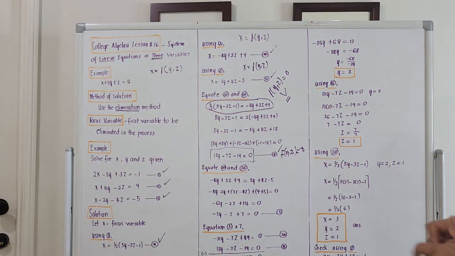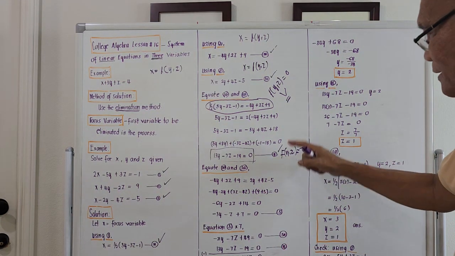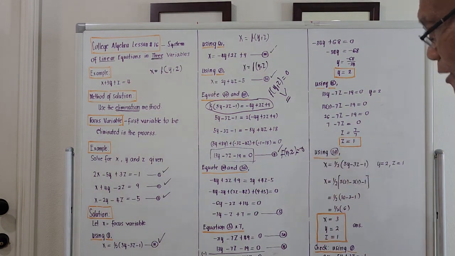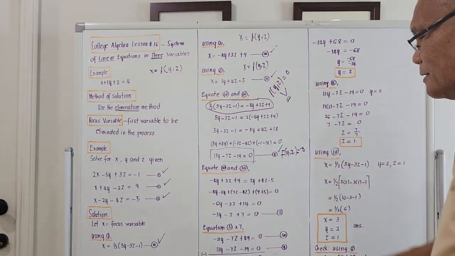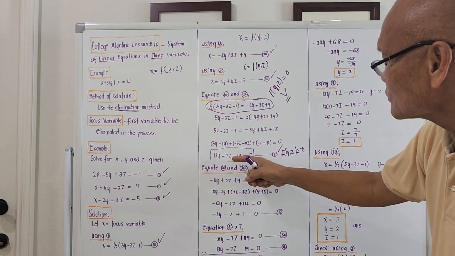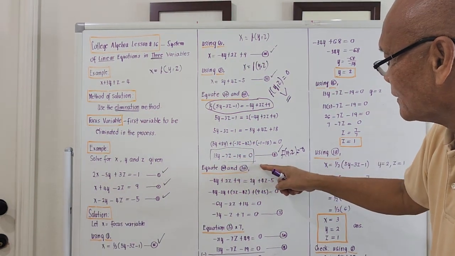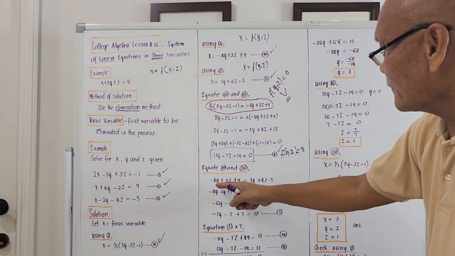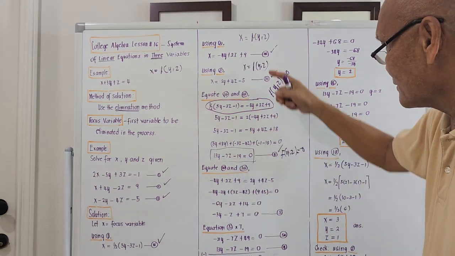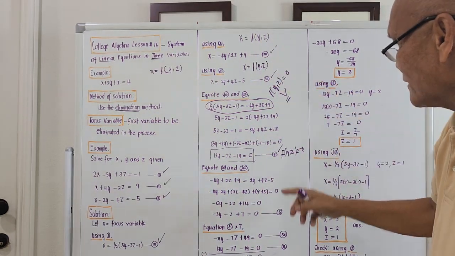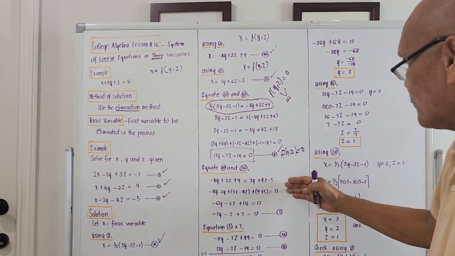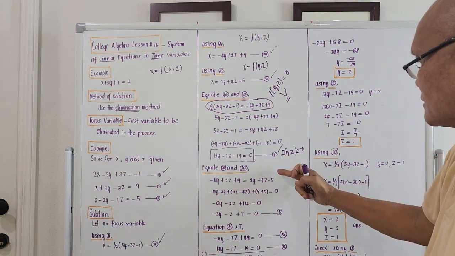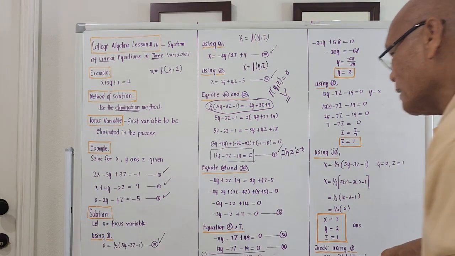To get another relation involving y and z, we will equate equation 2a and 3a. 2a is actually minus 4y plus 2z plus 9, and 3a is actually 2y plus 4z minus 5. If we simplify this one, this is just pure algebra. What will come out will be this one.